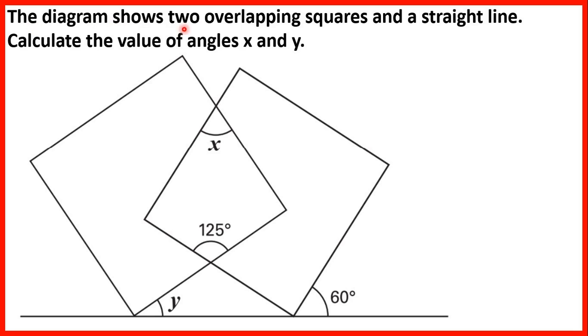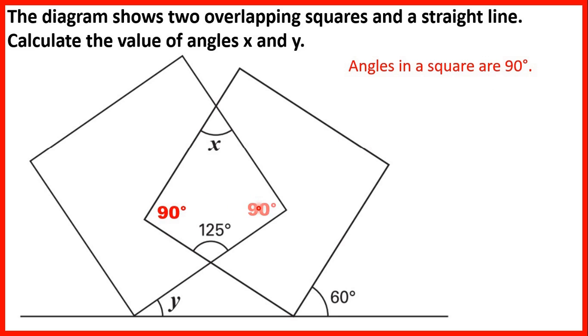The diagram shows 2 overlapping squares and a straight line. Calculate the value of angles X and Y. So they've told us that the shapes are squares, and we know that angles in a square are all 90-degree angles, because angles in a square are right angles.